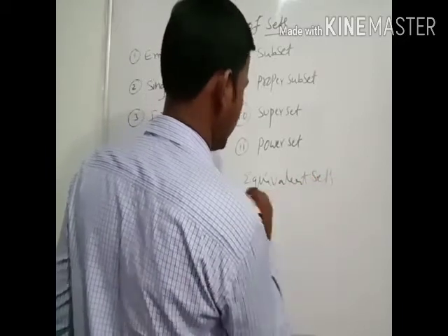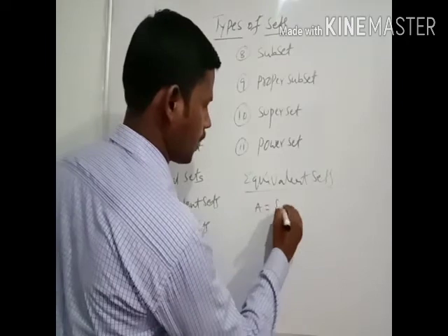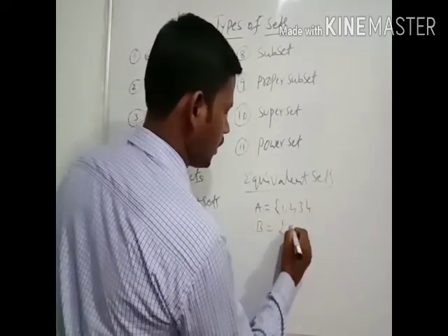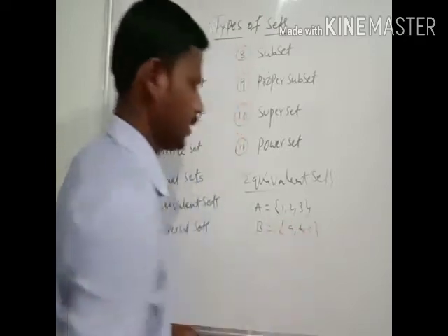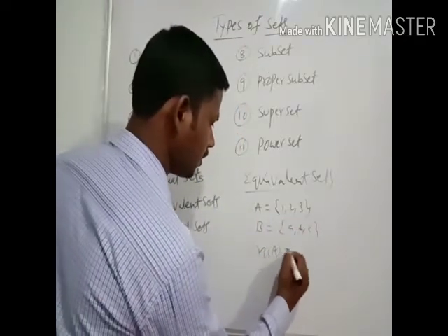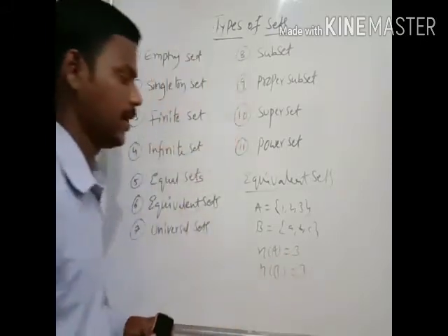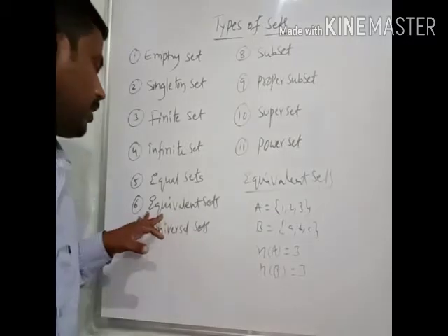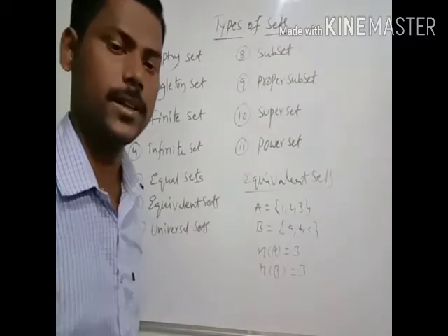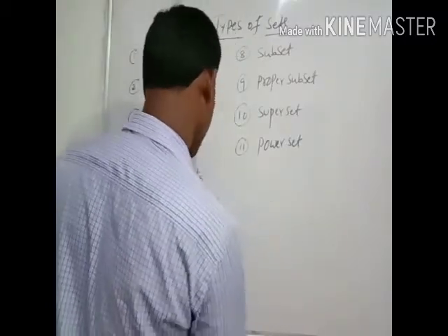For example, A is equal to {1, 2, 3}, B is equal to {a, b, c}. You see, children, n of A how much? 3. n of B how much, children? 3. Then A and B are called equivalent sets. Are you understood, children?